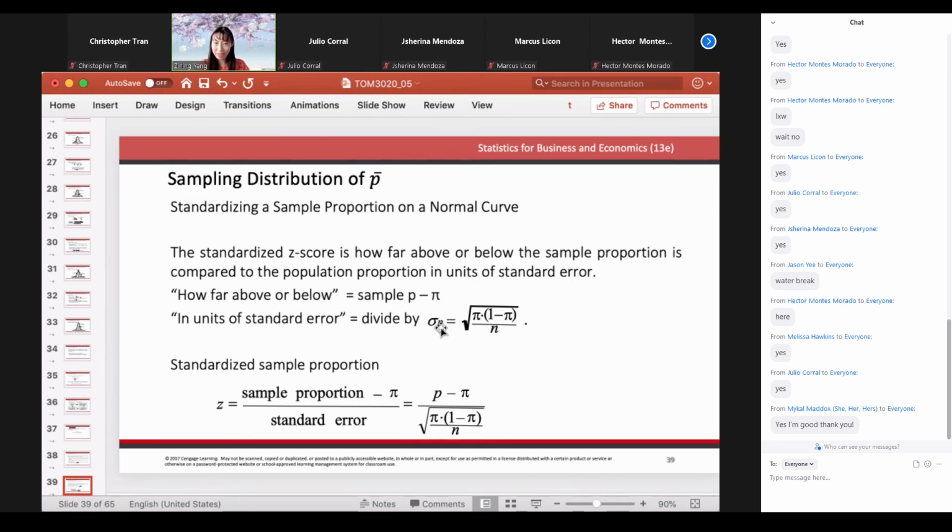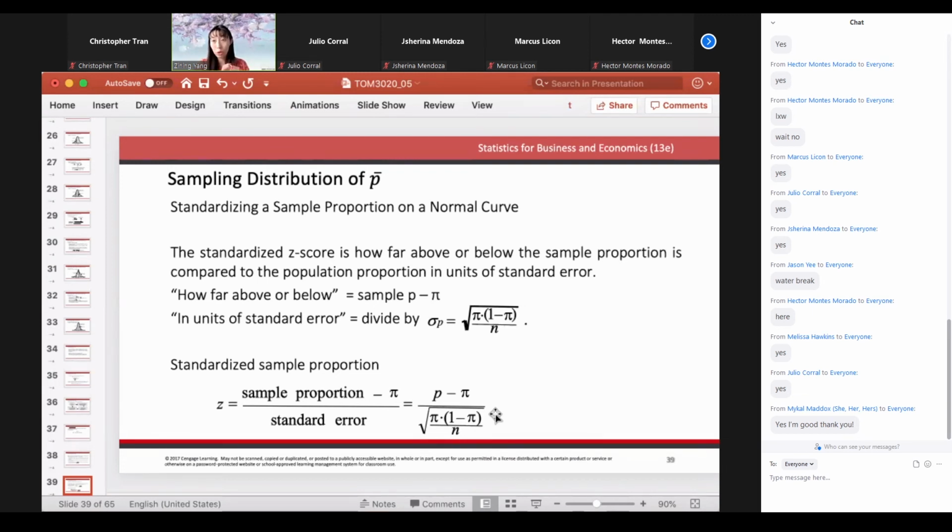So the z-score calculation for proportion is the sample proportion minus the population proportion, divided by the standard error for the binary variable.